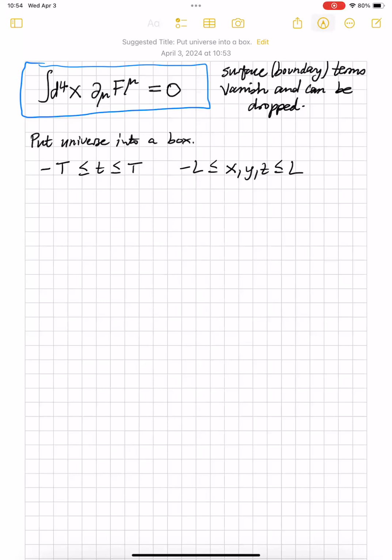So let's just write down what those different sides are. First of all, we've got a side at t is equal to capital T, and x, y, and z are anything at all. And then there's going to be another side at t is equal to minus T, and x, y, and z are anything that you like at all.